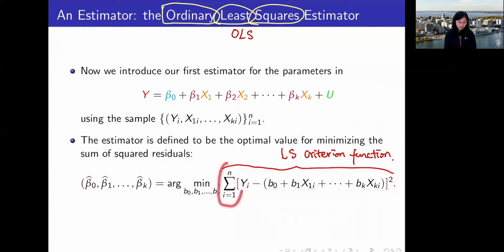And we sum up all the approximation errors, all the squares of all the estimation errors, and take that as the criterion function to minimize. So in a sense, the OLS estimator, the beta hat, gives us the best linear approximation for y. And the best is measured by the sum of squared approximation errors.